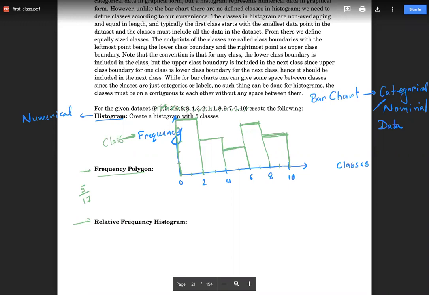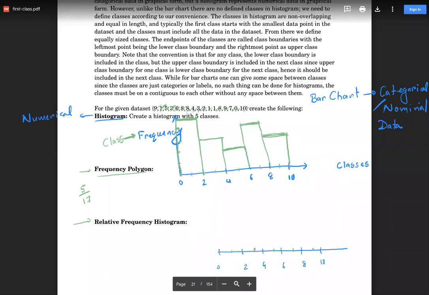So now I'm going to go ahead and do it here. Again, the same thing. 0, 2, 4, 6, 8, 10. 8, 6, 4, 2, 0. Now remember I talked about the class midpoints. We are going to have to worry about the class midpoints. This one, this one, this one, this one, and this one. And the first one is 29.4%.